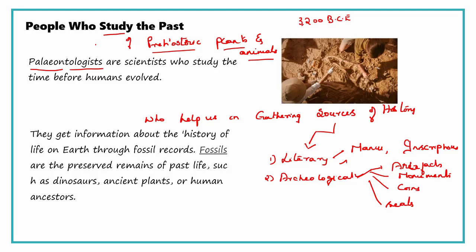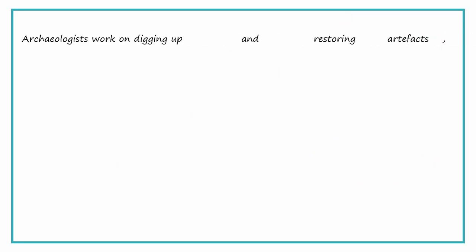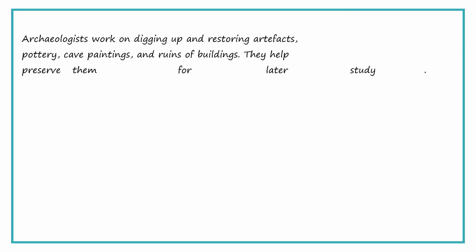Okay children, now let us see one more type of people, archaeologists. We already studied what archaeology is. They dig the soil, they collect artifacts, pottery. We have seen in the first video the cave paintings, the Bhimbetka paintings.